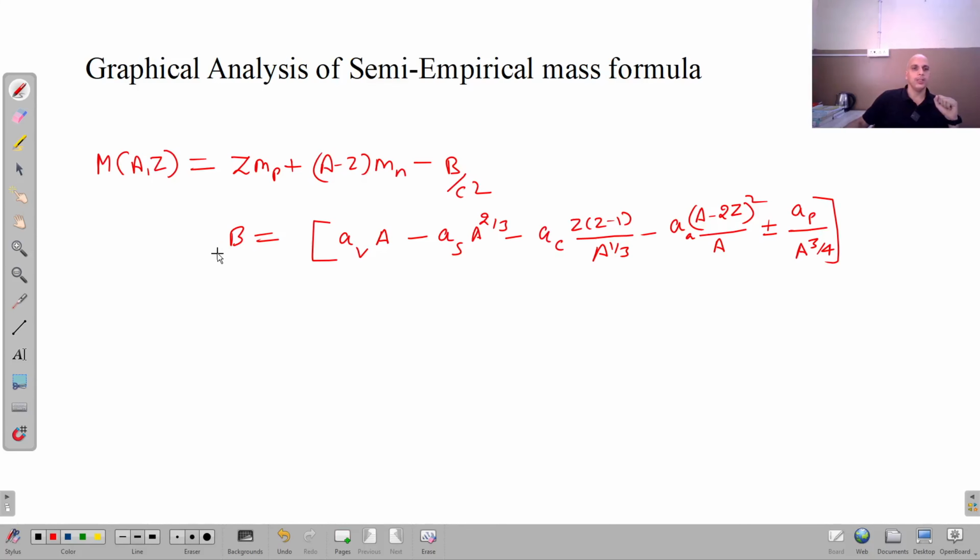Now we can put this value of the binding energy here, then I will get the expression for the total mass of the atomic nucleus.